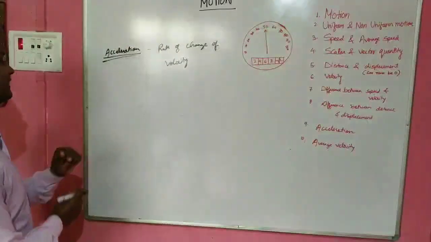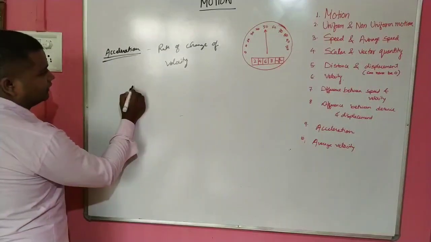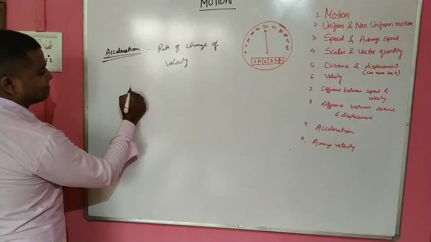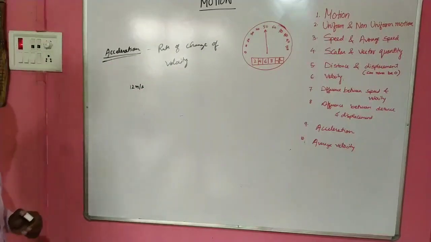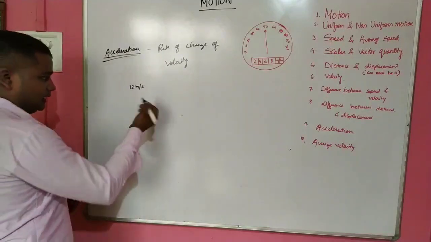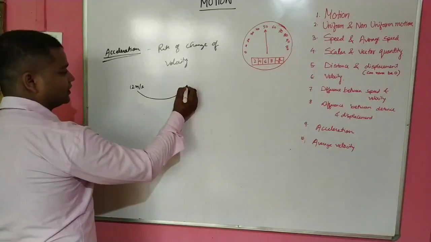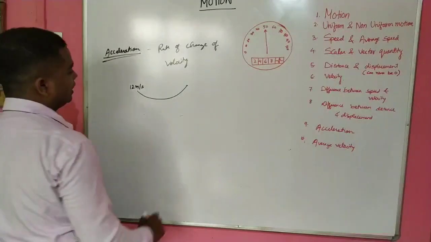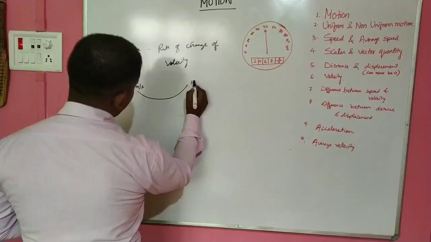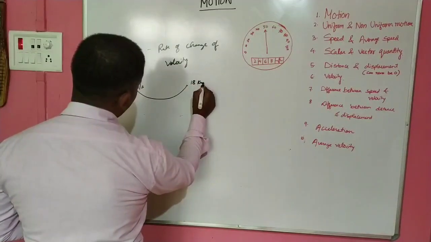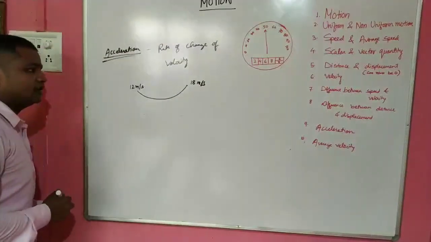First of all, let's take an example. Suppose a car is moving with a velocity of say 12 meter per second, right? We accelerate, okay, and the final velocity of the car becomes say 18 meter per second, right?